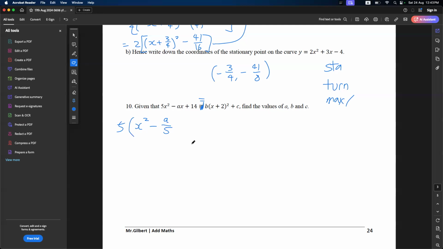Because we're factorizing the 5. This one? Yeah. But we're doing this side, right? Plus.